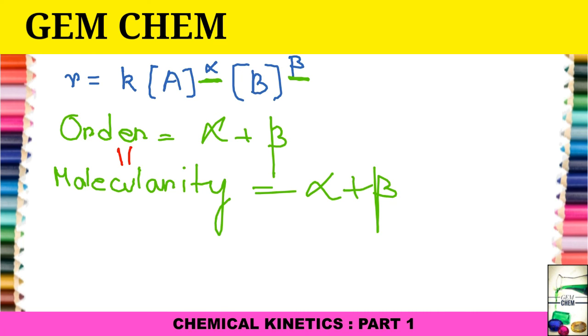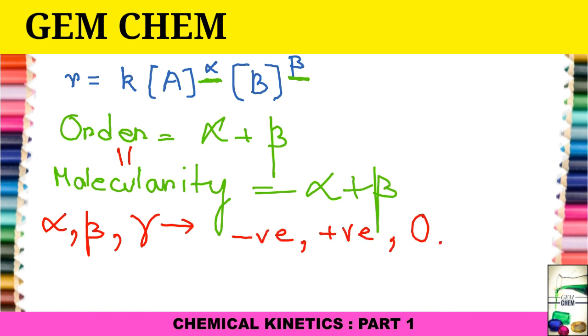Now remember, this alpha, beta, gamma, whatever we have seen here, these are the stoichiometric coefficients. These can be negative, positive, zero, integer and fraction, okay?